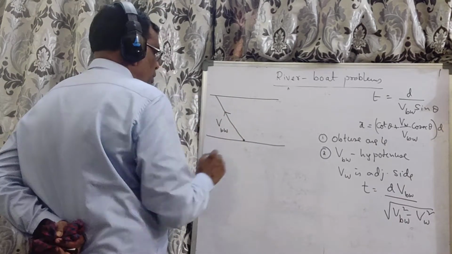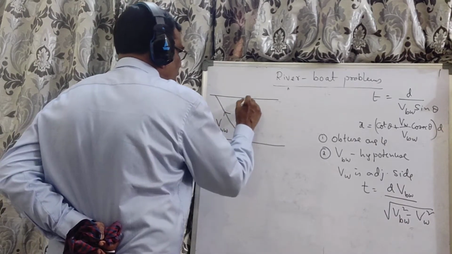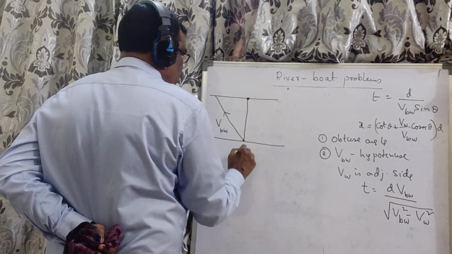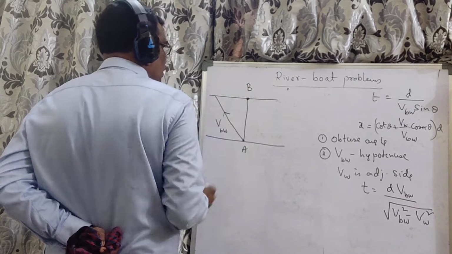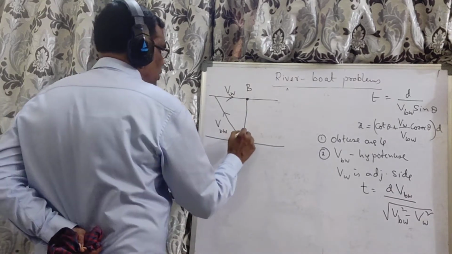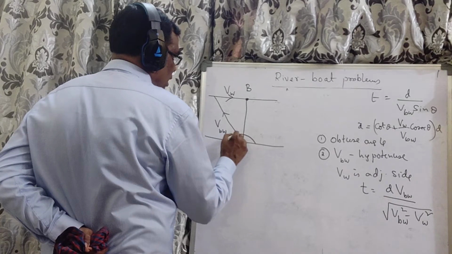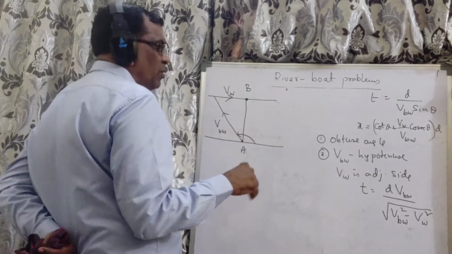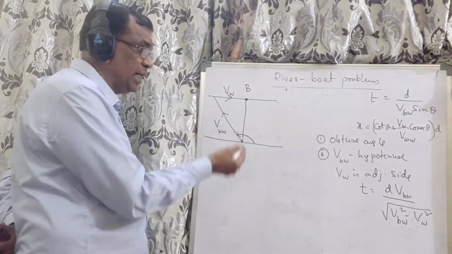That is VBW. And where should he reach? He reaches B. And what is this? VW. Obviously, this is the angle I am talking about. At what angle should he sail?